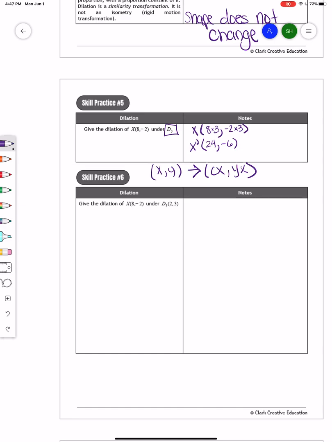So your next question says, give the dilation of x, 8 negative 2, under dilation 3, 2 to the third. So your scaling factor is 3. The center of the dilation is going to be 2, 3, that point, okay? So your scaling factor is 3.